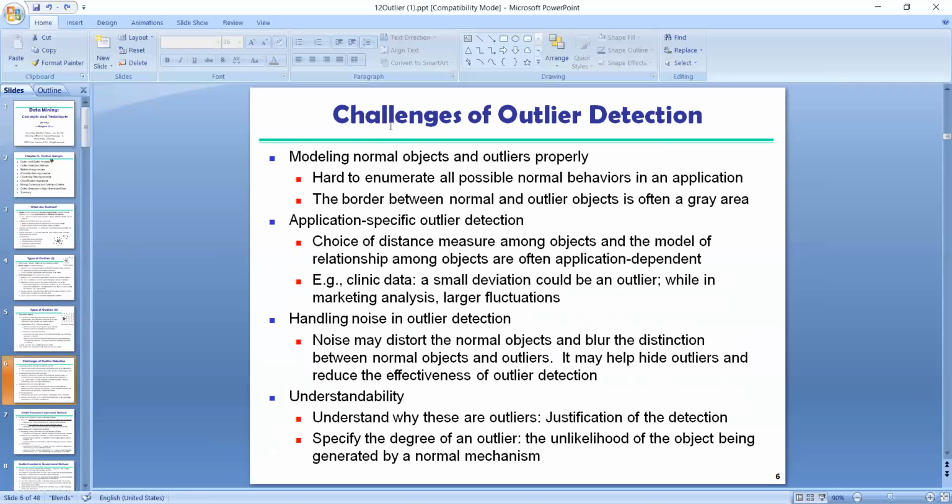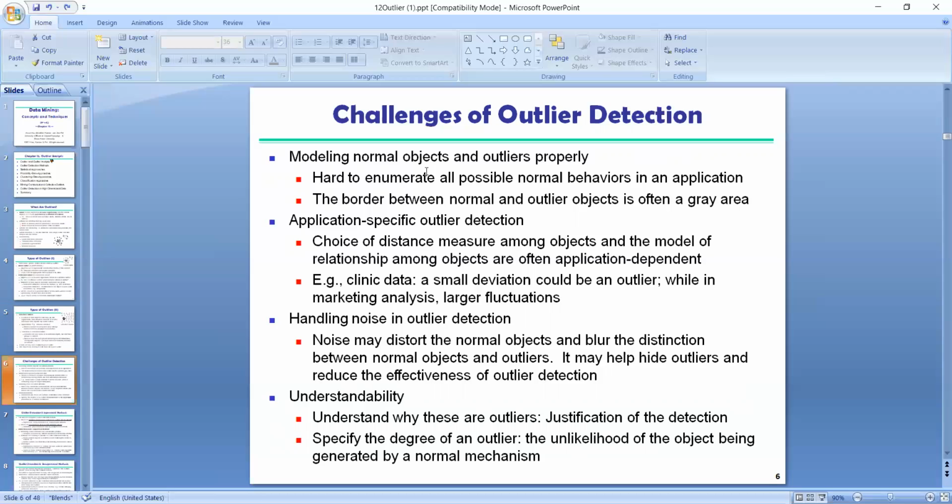Now, what are the challenges of outlier detection? The main challenges are modeling normal objects and outliers properly, application-specific outlier detection, handling noise in outlier detection, understandability, etc. So what do we mean by modeling normal objects and outliers separately?